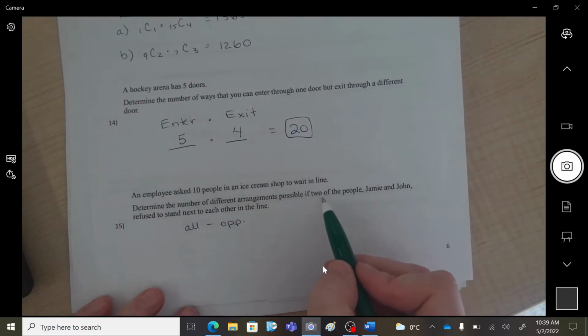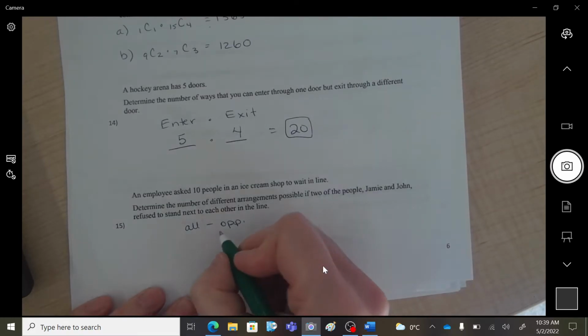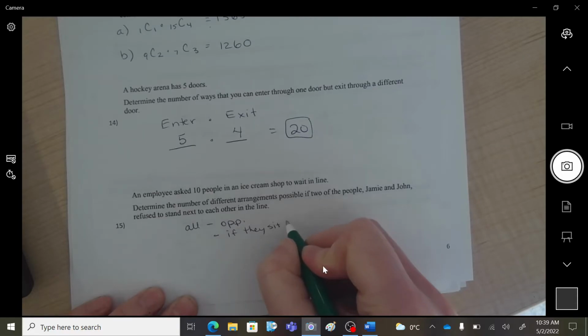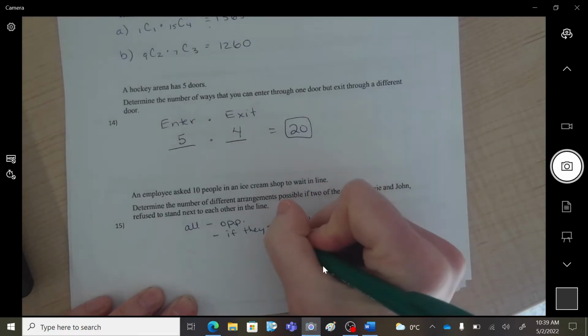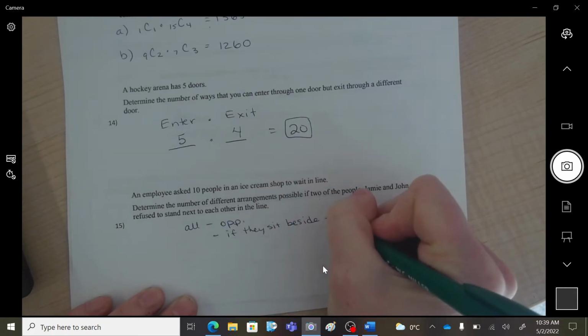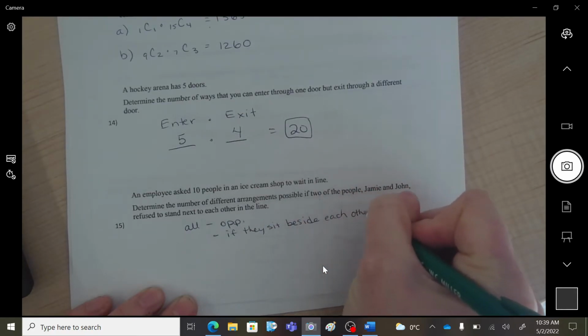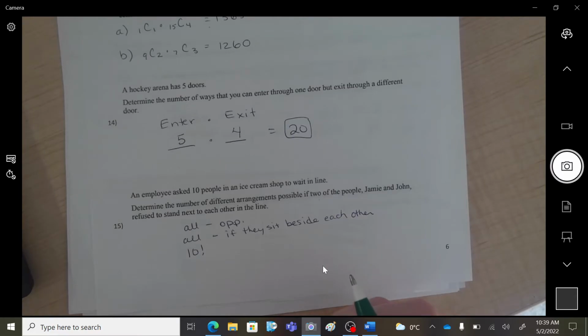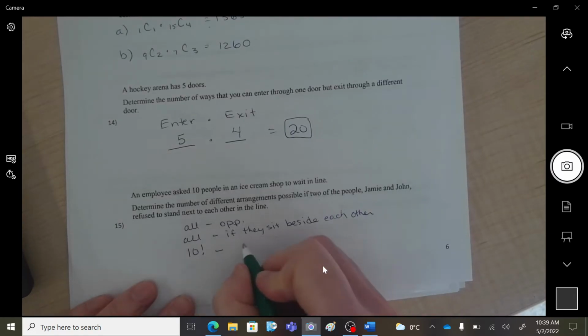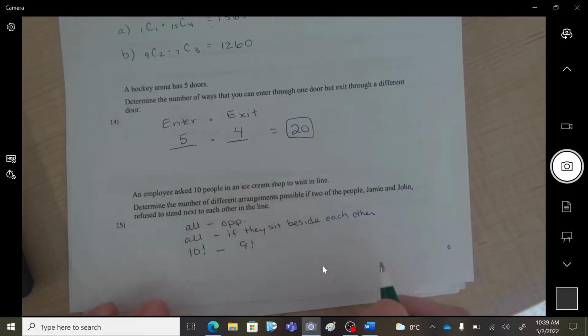If they don't want to stand beside each other, the opposite would be if they stand beside each other. Okay, so all is 10 factorial. That's just with everybody. If they stand beside each other, now I only have 9 groups, and then within their group.